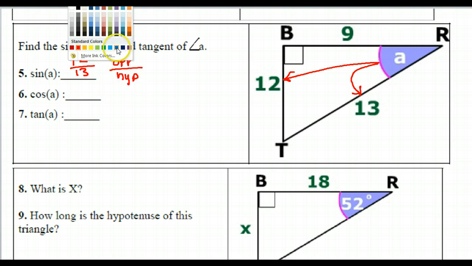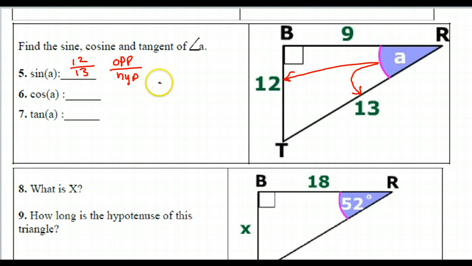The cosine is the adjacent leg over the hypotenuse. Adjacent means right next to, so still dealing with angle A, there's my adjacent leg, and there's the hypotenuse, so 9 over 13.